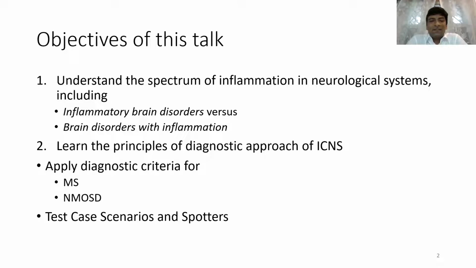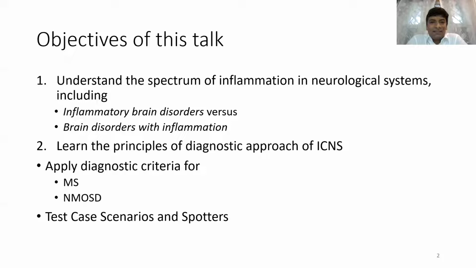So today's talk is about approach to inflammatory disorders of the central nervous system. As you can imagine, this is an ocean, and so we will be focusing on only a few areas so that we can take home some relevant points. This is what my outline is going to be. I'm going to talk about the spectrum of inflammation and what is implied by inflammatory brain disorders as opposed to brain disorders with inflammation.